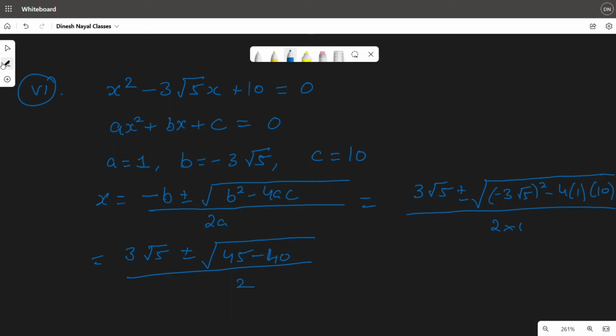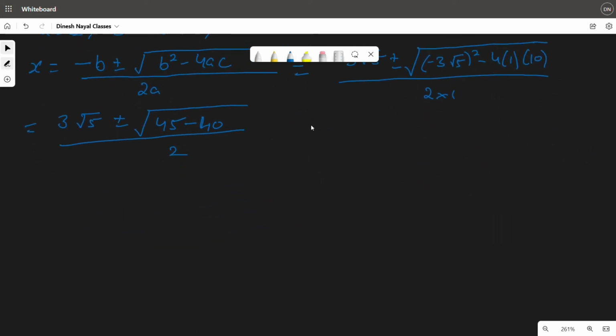So 45 minus 40 is 5, under root, so root 5 will remain. So this will be 3 root 5 plus minus root 5 whole upon 2. So one of the roots is 3 root 5 plus root 5 by 2.